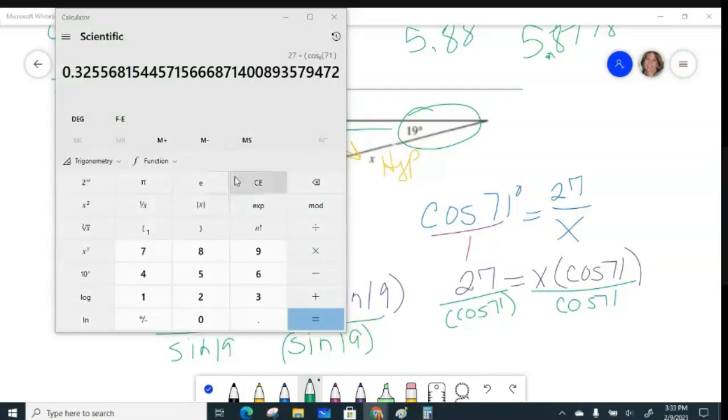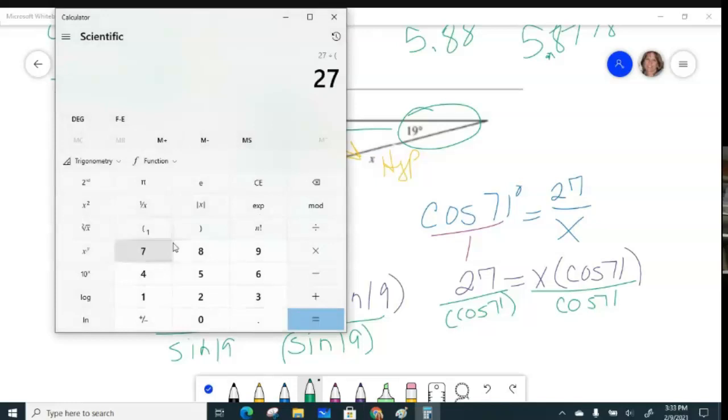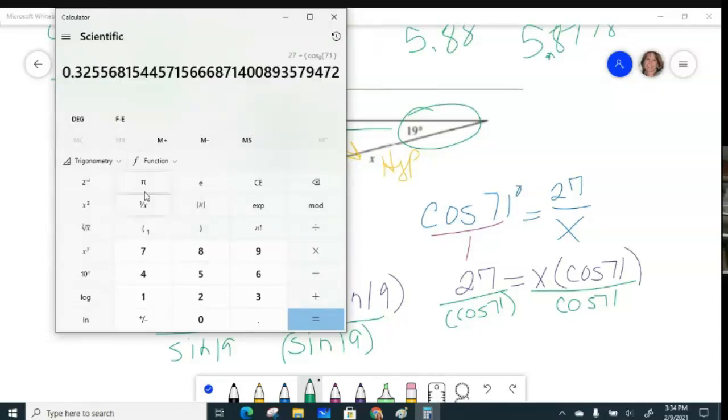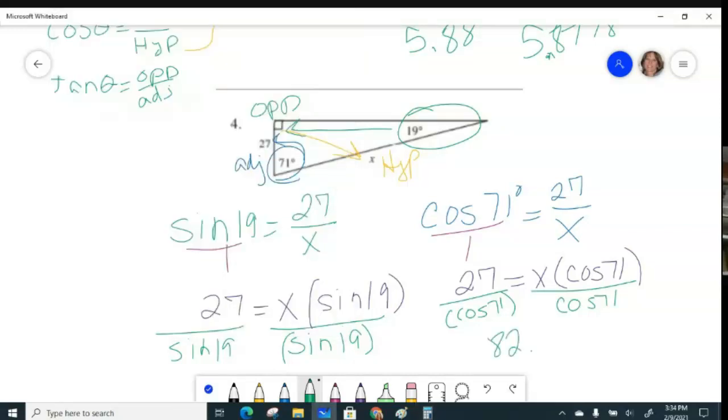To put in degrees. Yeah, probably. Let me clear. 27 divided, open parentheses. And hit enter. There you go. Okay, I caught up with you. Fix it. All right, so yeah, it comes out to be 82.93.